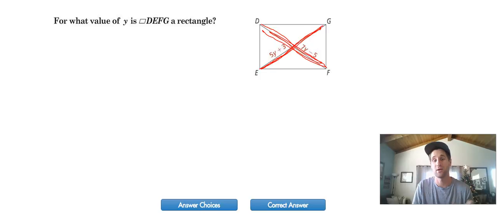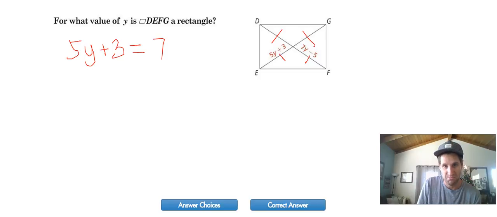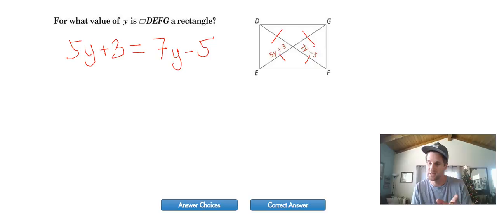Since the diagonals of a parallelogram bisect each other, we know that this segment, this segment, this segment, and this segment are all congruent. So like the other problem, we just set these equal to each other. Notice the math in most of geometry is simple. It's the vocab and our theorems that help drive how we create the equation.